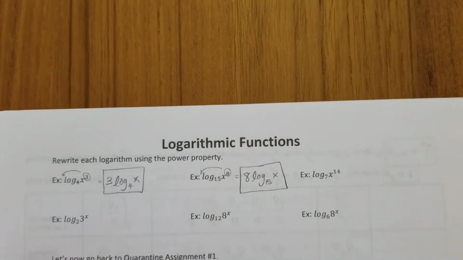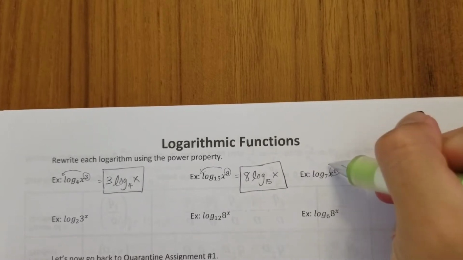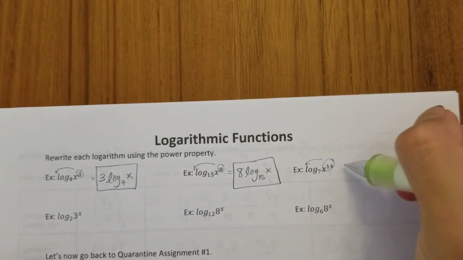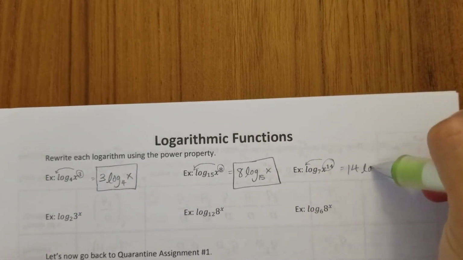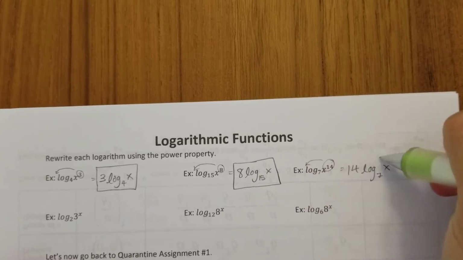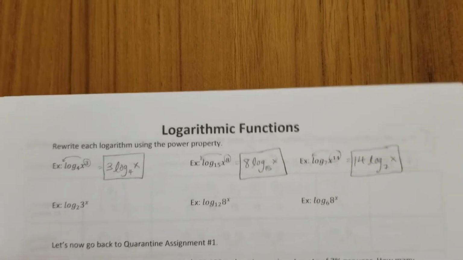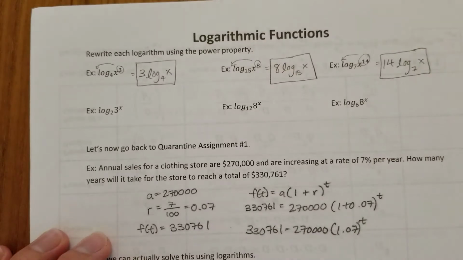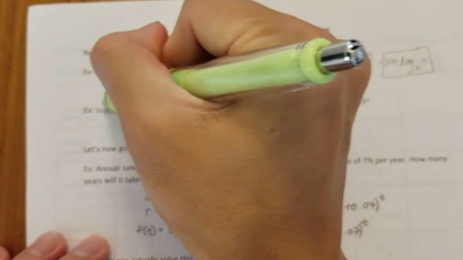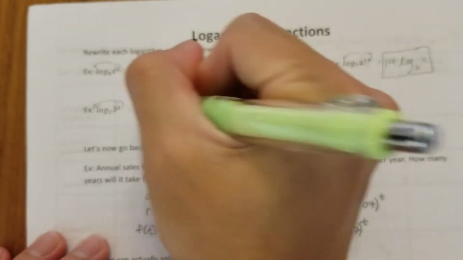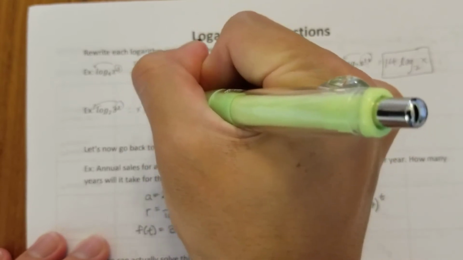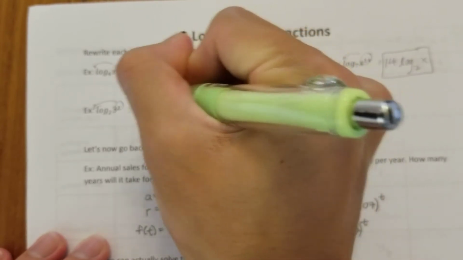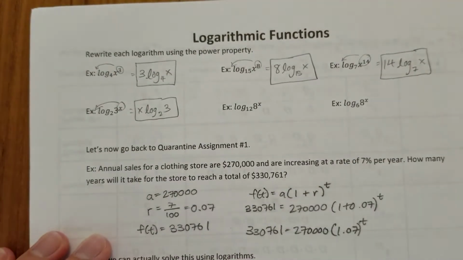For this one, the 14 comes down here. This is 14 log base 7 of x. For this one, the x will come down here. This is x times log base 2 of 3.